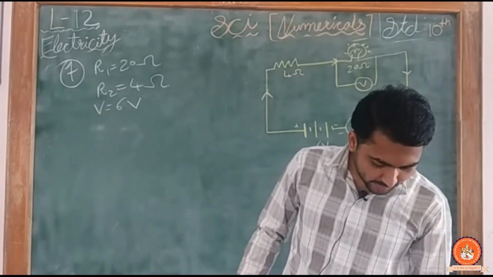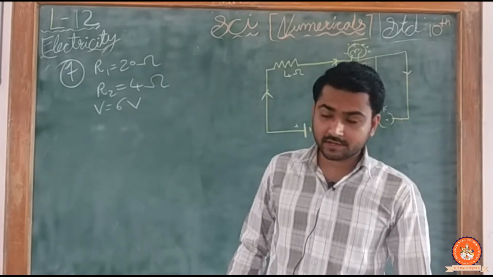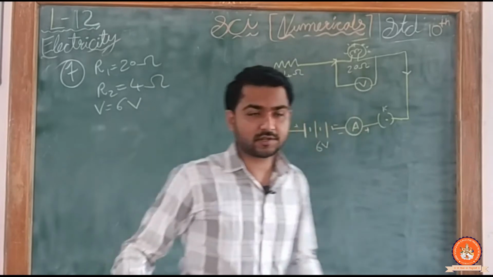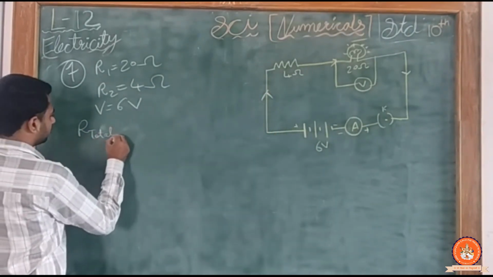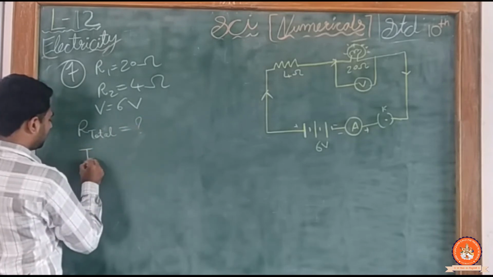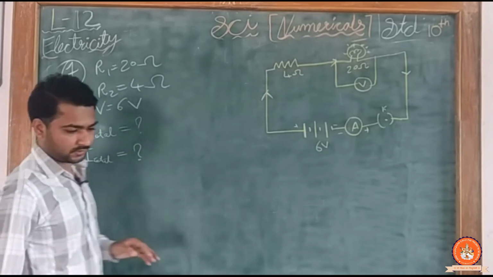Now we have to find the total resistance, R total, and the current through the circuit, how much current is flowing through the circuit. So I will write here R total is equal to how much, total current is equal to how much. Clear?